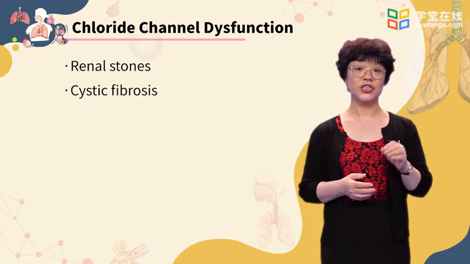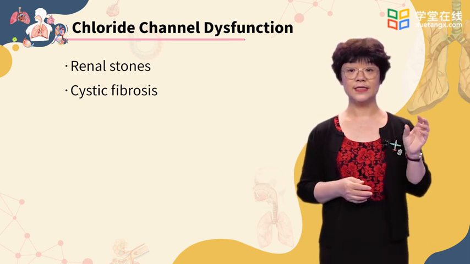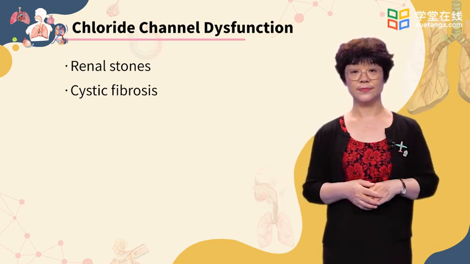Chloride channels play an important role in stabilization of the membrane potential, regulation of the cell membrane, transepithelial transport, and glandular secretion. Dysfunction of chloride channels results in formation of renal stones and cystic fibrosis.